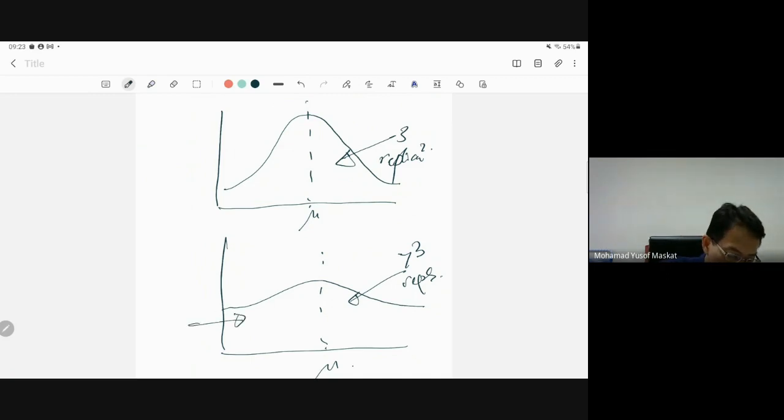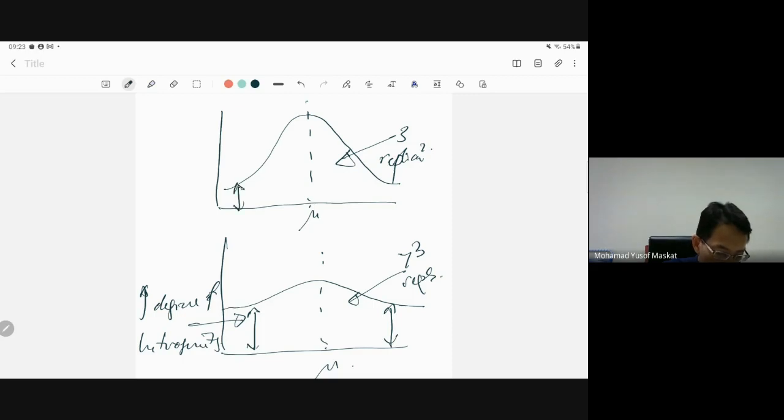This one has a higher degree of heterogeneity. So that's why this is higher compared to this one, because this is more homogeneous.